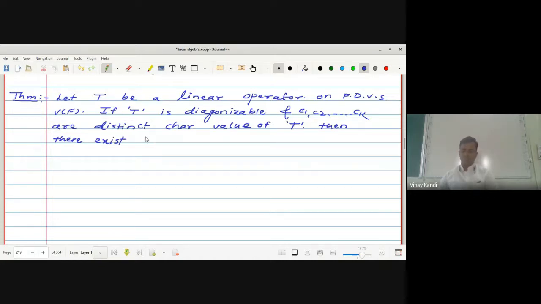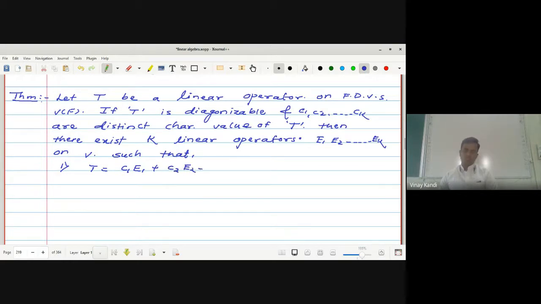K linear operators E1, E2 up to Ek on V such that: first condition, T is equal to C1 E1 plus C2 E2 plus up to Ck Ek.